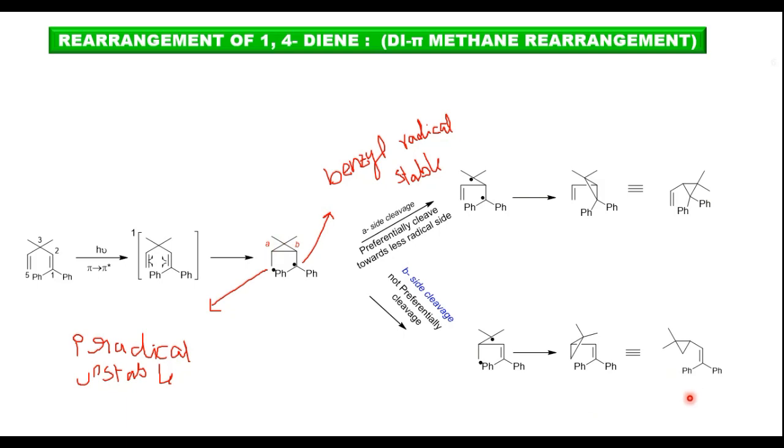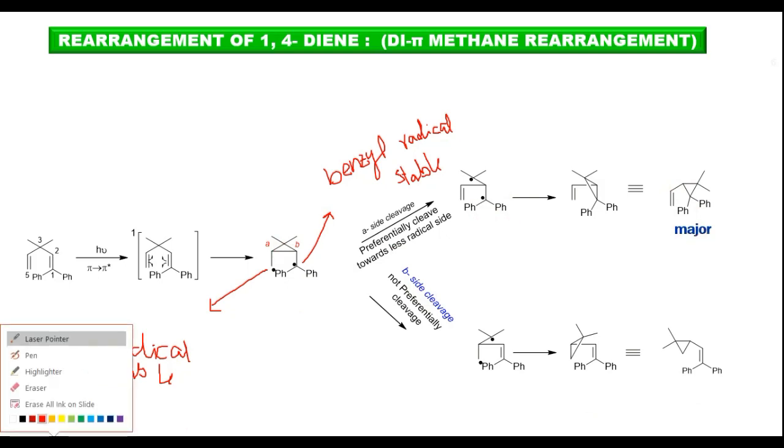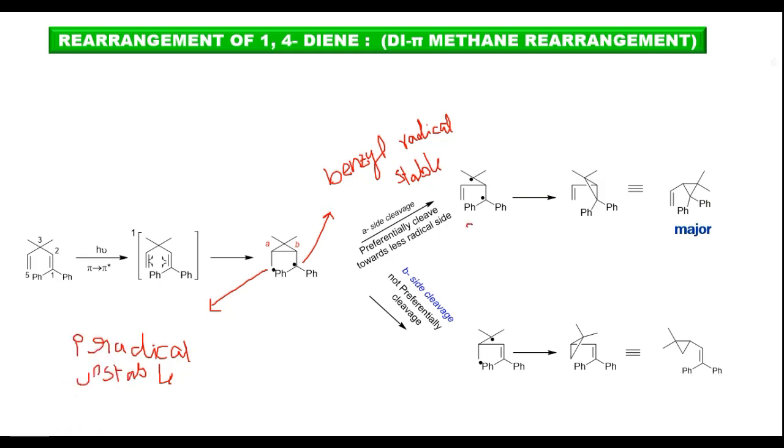The product formed from the stable radical is the major one, and the product formed from the unstable radical is the minor one.